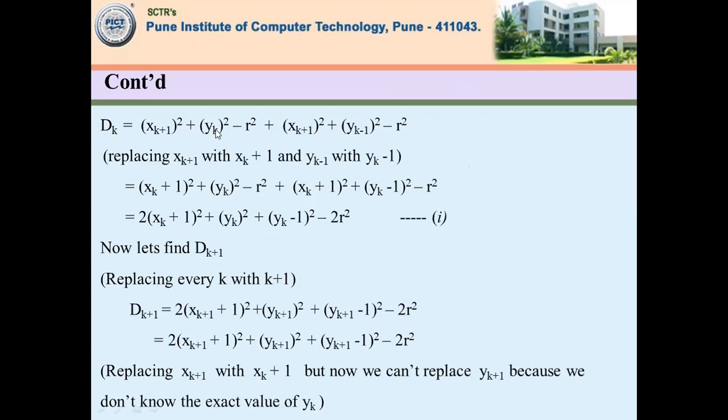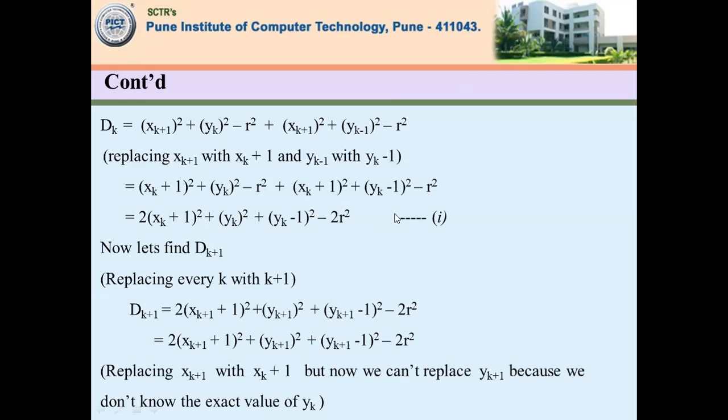Only yk, remember, this is fn and this is fs where yk minus 1 is there. So just replace xk plus 1 is equal to xk plus 1 and yk minus 1 is equal to yk minus 1 currently here, because this is for s, right? There is no minus 1 in case of n. So just replace the values and get the equation. You will get this value over here. You can calculate it.